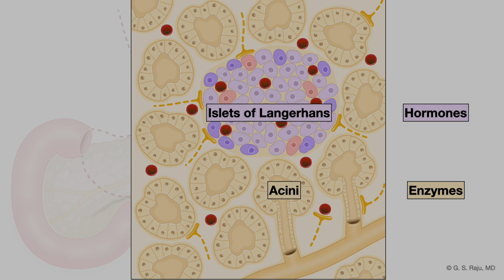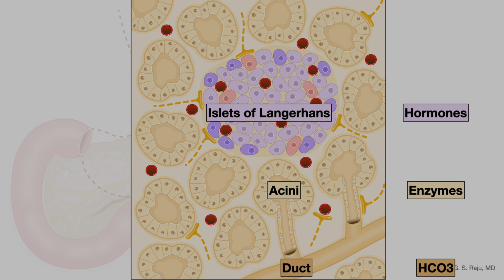And the enzymes are drained down the ducts, and the duct secretes bicarbonate to keep the enzymes in an inactive form, especially the proteolytic enzymes.